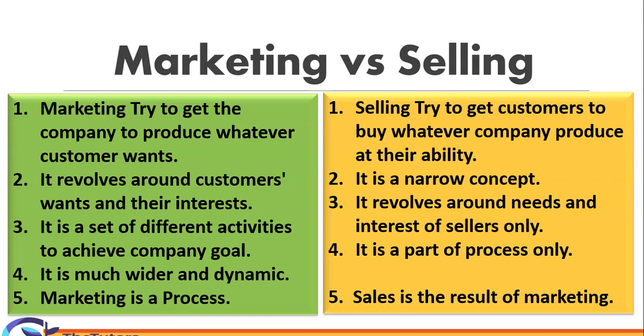The basic difference between these two is based on convincing and finding the needs. In marketing, they try to find out what customers like, and then they produce whatever they like. Whereas selling is based on their own ability, their own technology, what they own. They make the product first, and then they try to find the customer, that is selling.